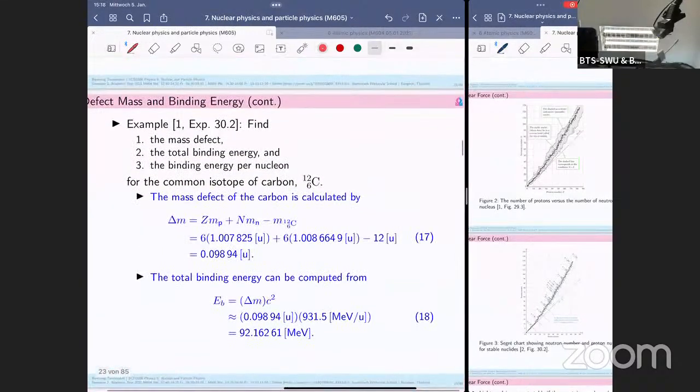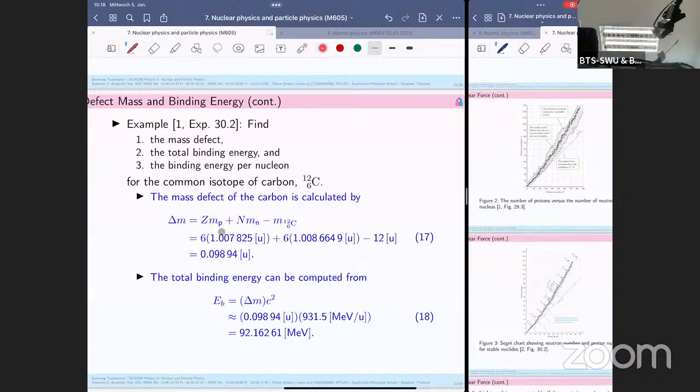We arrive at this example. Find the mass defect, total binding energy, and the binding energy per nucleon. Okay. The mass defect could be found from the product between the number of protons, which is the atomic number, and the mass of the proton, right?